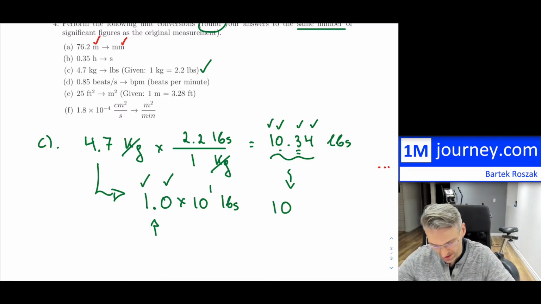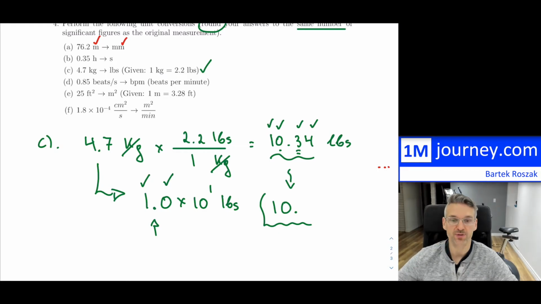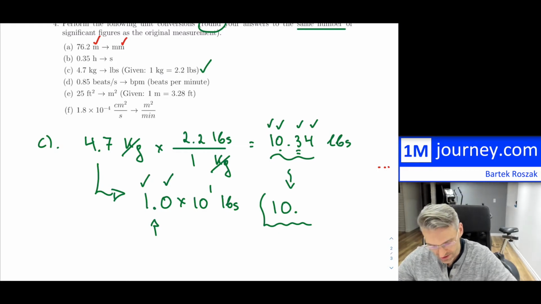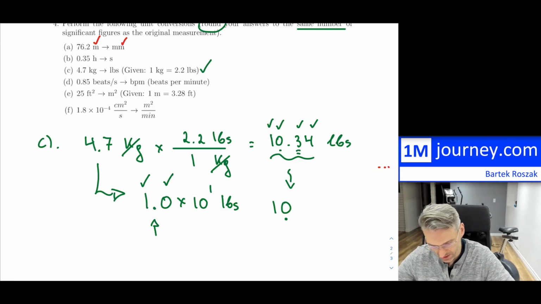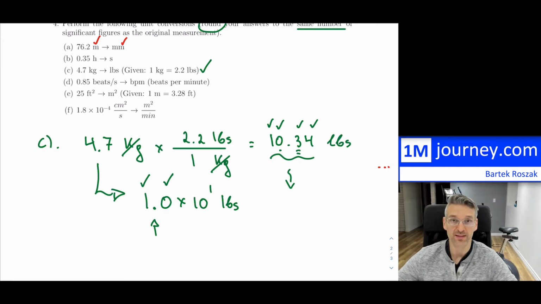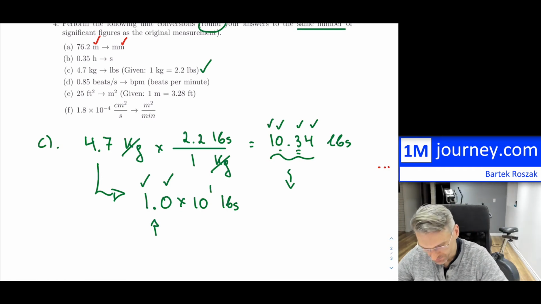Now, sometimes, by the way, if people are writing it like this, they might put a decimal at the end of 10. Or sometimes, you might see a little decimal just below it. So that also will mean that this 0 actually counts. I typically just like to leave it in scientific notation because it's very obvious how many significant figures this would have in here. All right, okay, so let's continue. So this would have been now D.